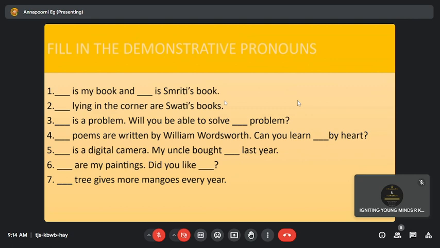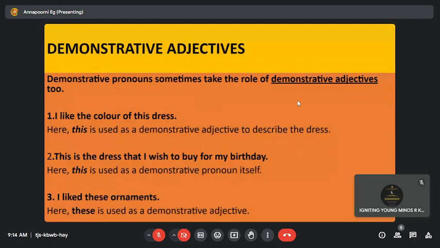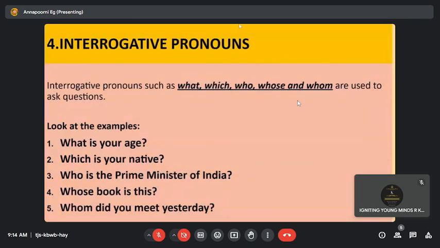Okay, so that's all about demonstrative pronouns. Now moving to interrogative pronouns, the fourth type. So, what is meant by to interrogate? Interrogative sentences, we learned that in the class 2 weeks back.